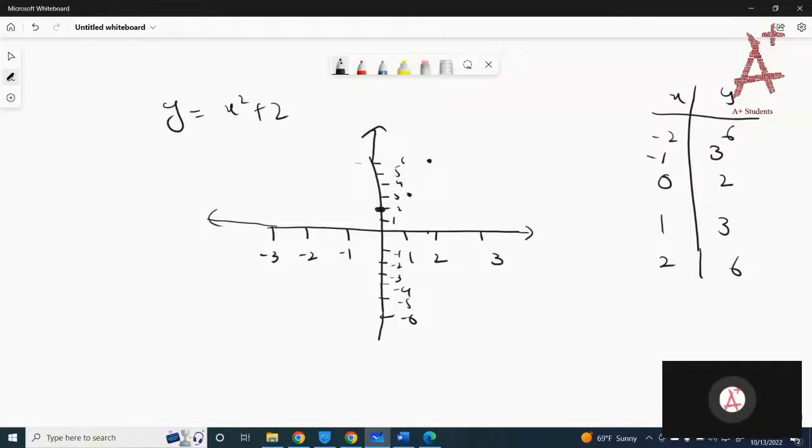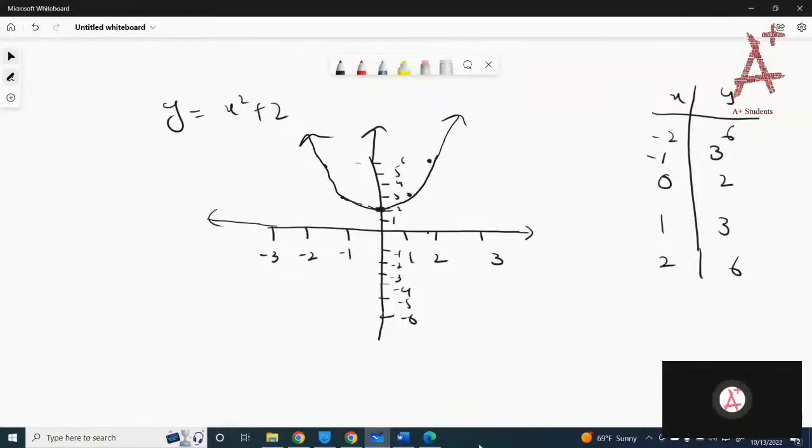When x is -1, y is 3. When x is -2, y is 6. Okay, just join these points. It would form a parabola like this. I'm not good with drawings, so sorry for that. You can plot the graph on Desmos or any online tool. Got it?